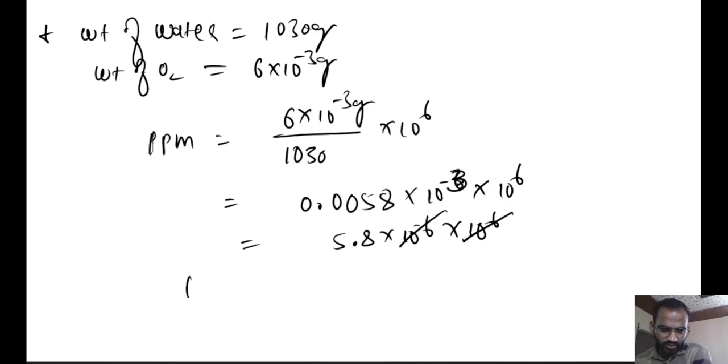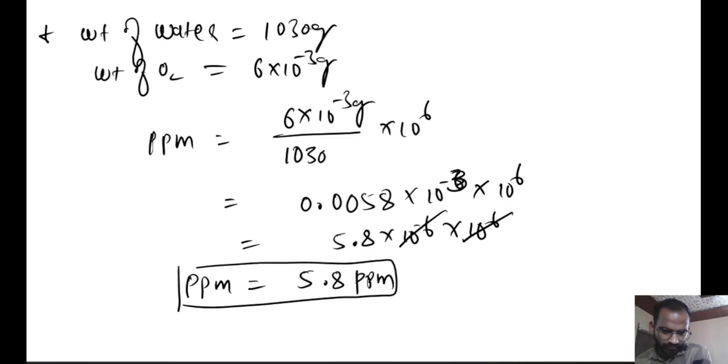The ppm value I got is 5.8 ppm. It means that in 1 liter of solution, 5.8 ppm of oxygen is dissolved. This is the meaning.